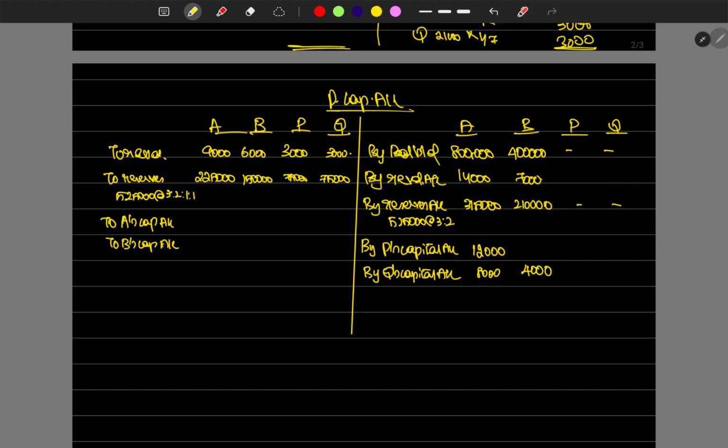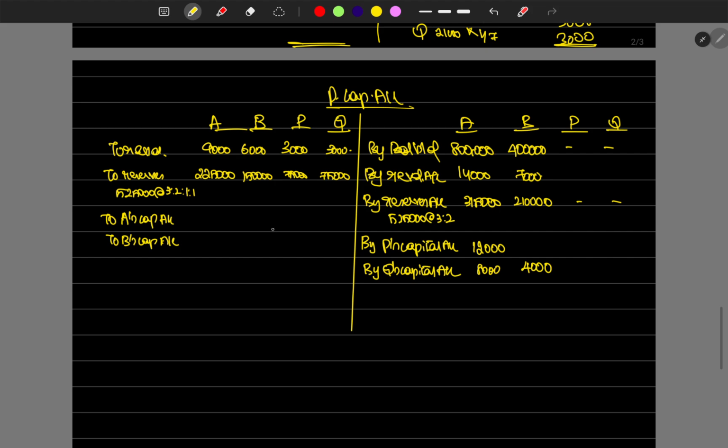How much has been paid by P? P has paid rupees 12,000, and Q has paid rupees 8,000 to A and 4,000 to B. Right.